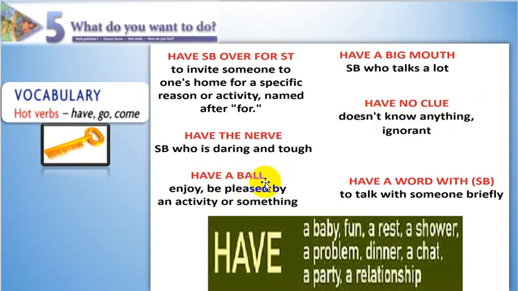Have a ball. He doesn't own a ball. No. This expression means enjoy. Be pleased by an activity or something. Mary had a ball at her birthday party. It means Mary enjoyed her birthday party. But instead of using the verb enjoy, they use this expression, have a ball.